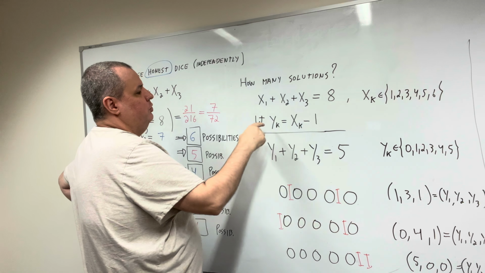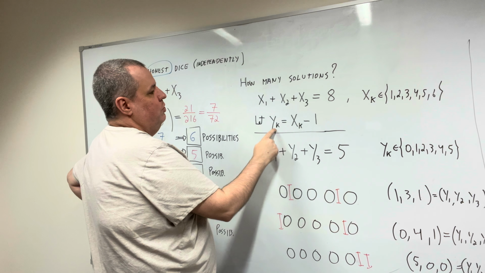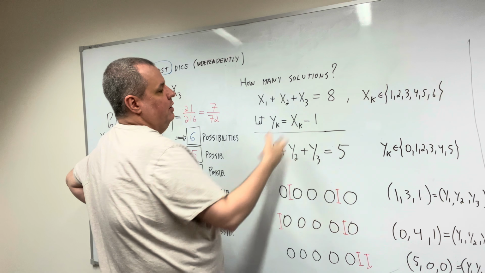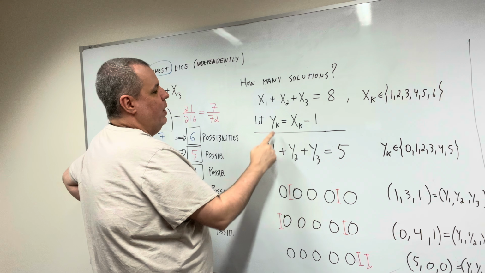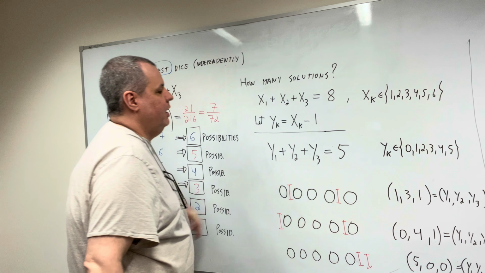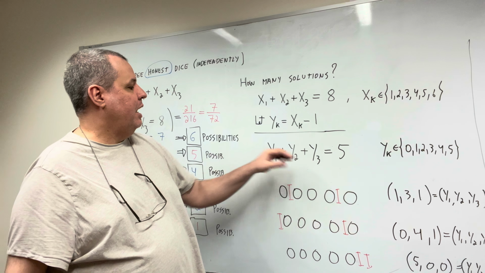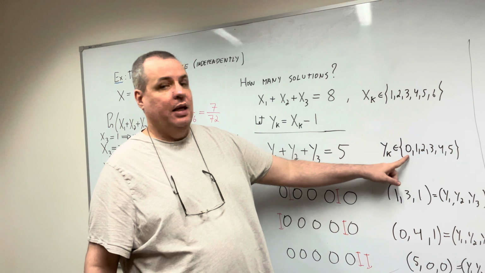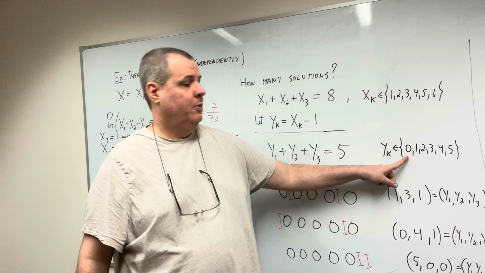Well, give 1 to each one, and since you have to add up to 8 and you already put 1 on each xk, the y's can go from 0 to 5. Okay, and y1 plus y2 plus y3 equals 5, but now these y's can start at 0. They could be 0. Okay?